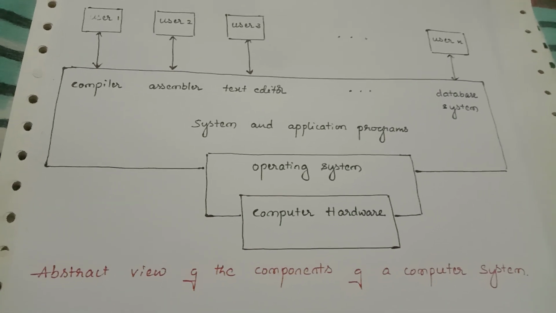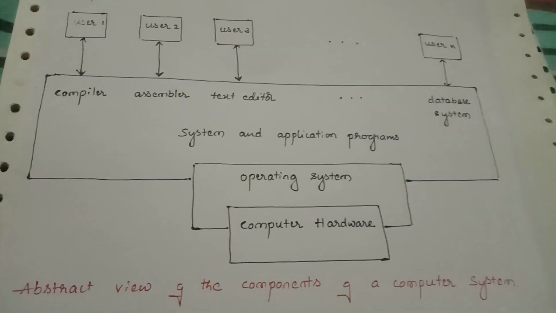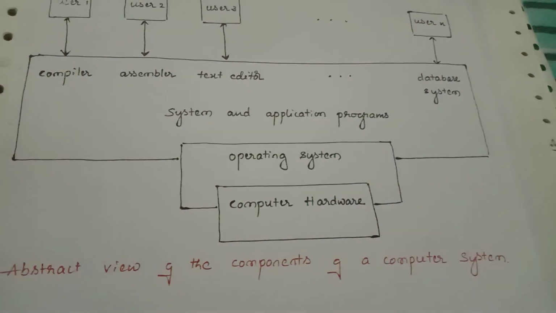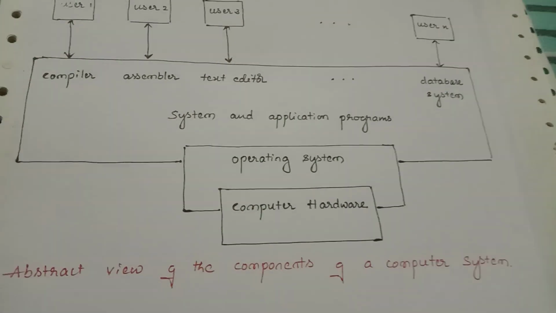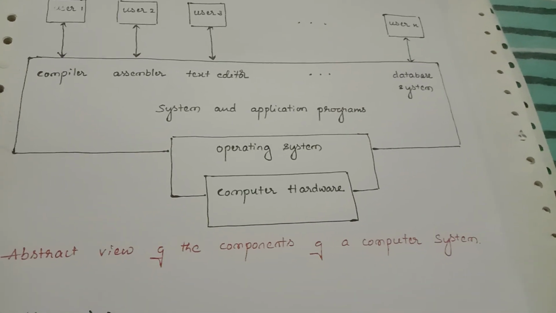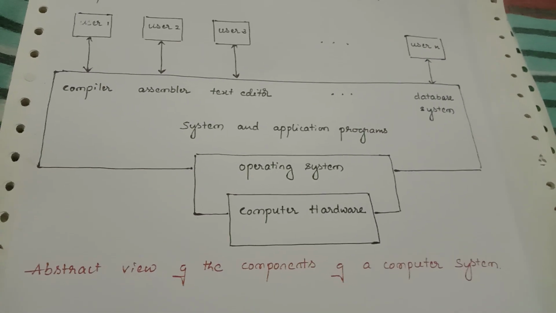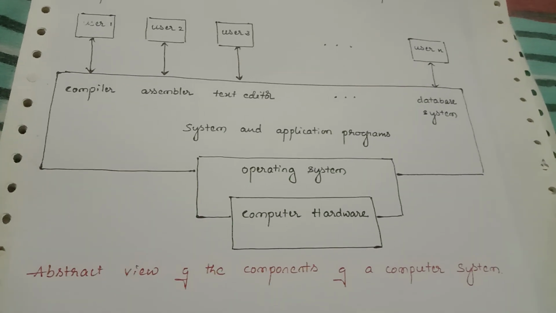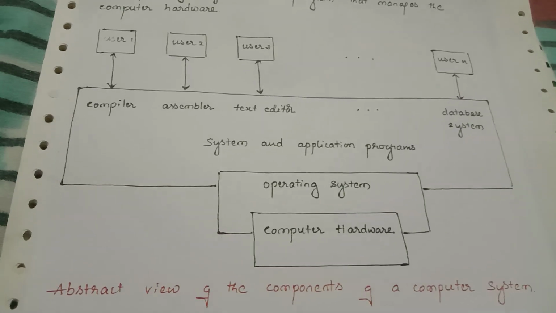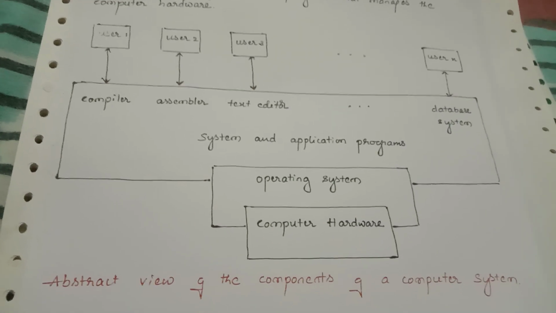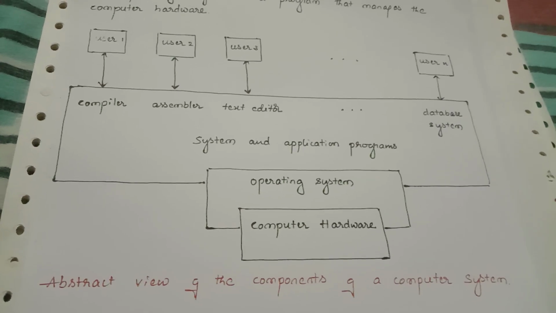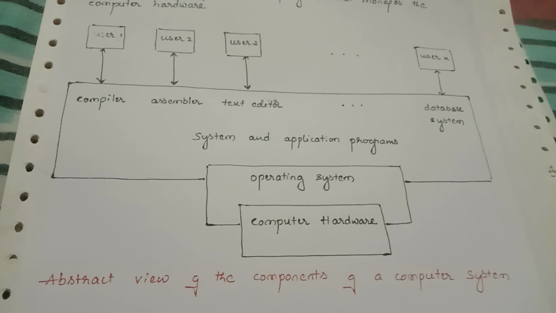These define the way in which these resources are used to solve users' computing problems. The operating system controls the hardware and coordinates its use among the various application programs for the various users. We can view a computer system as consisting of hardware, software, and data, and the operating system provides the means for proper use of these resources in the operation of the computer system.